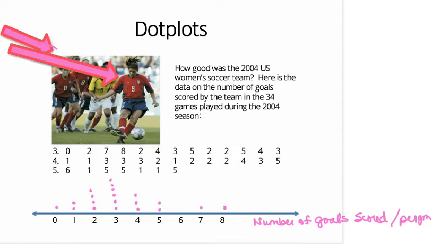I'm going to have to write these a little smaller. I didn't think there would be this much data here. 2, 2, 2. Excuse that I'm going up. 4, 3, 5.